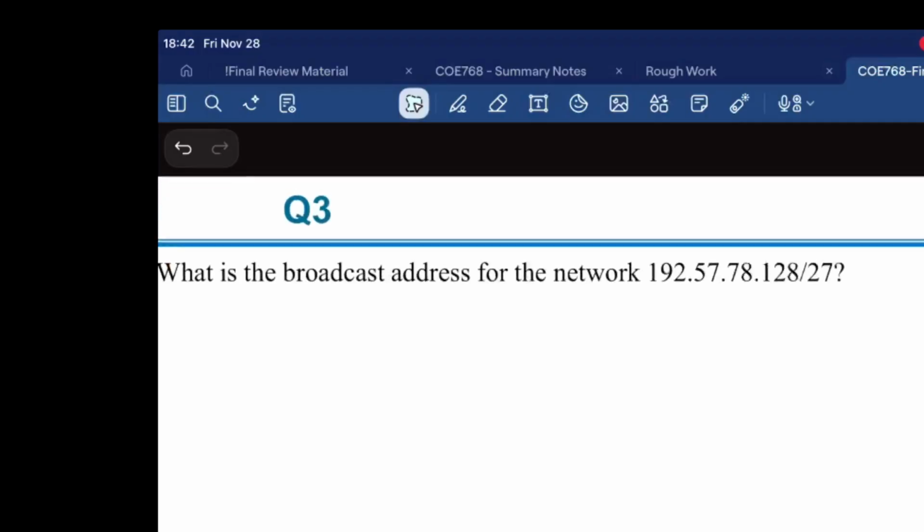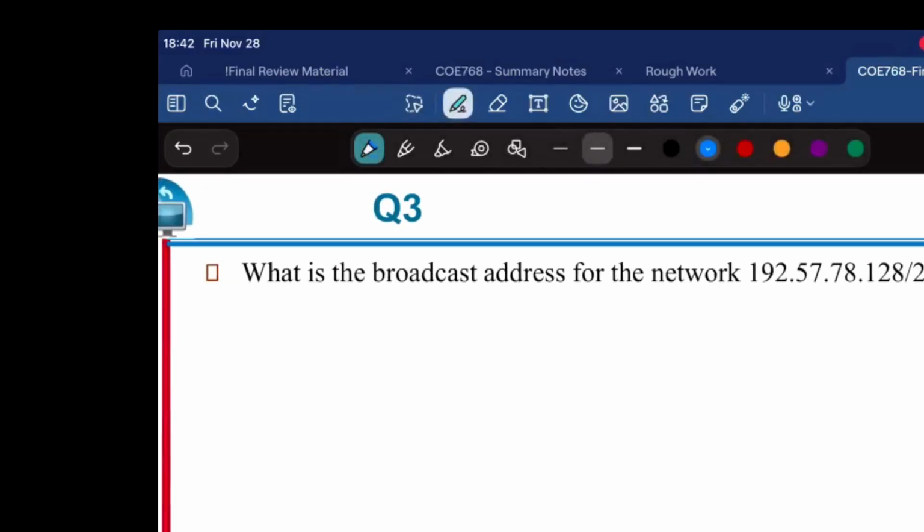Moving on to our next bit, we're being asked to find the broadcast address for the network 192.57.78.128/27. So what do we do here? The first step is converting everything down to bits.